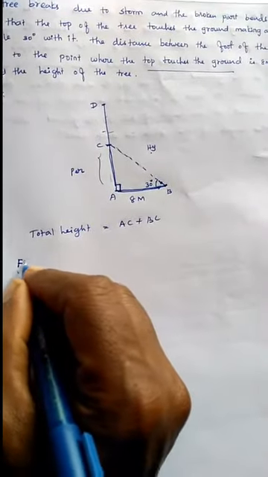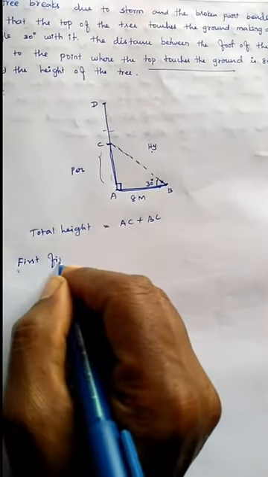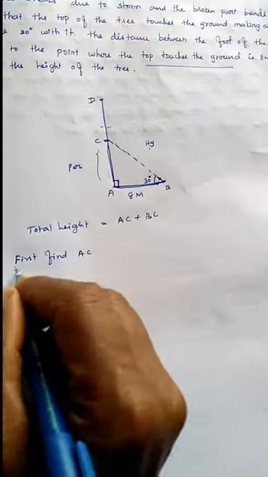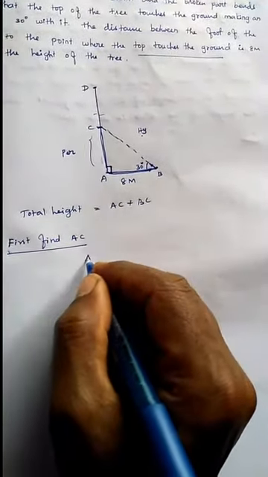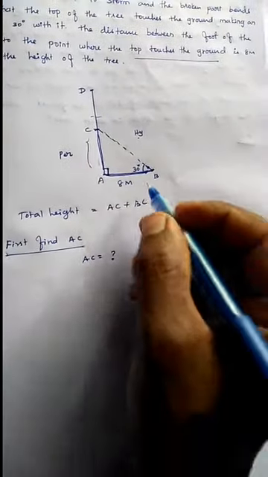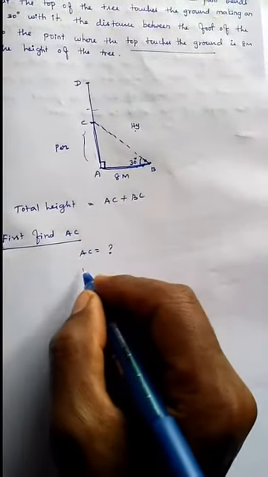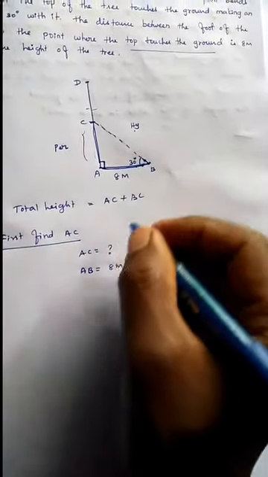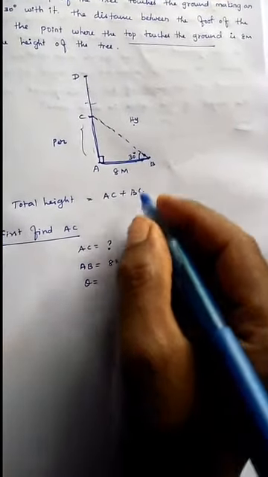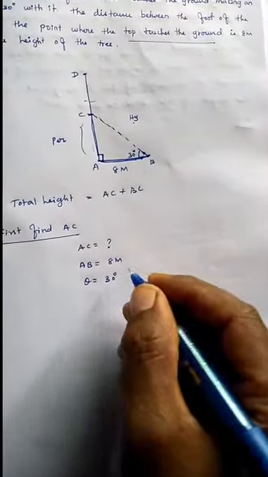First find out AC. So AC will be the question mark, and we have base here. Base is given, AB equal to 8 meter, and angle theta also given. We know how much? 30 degree.